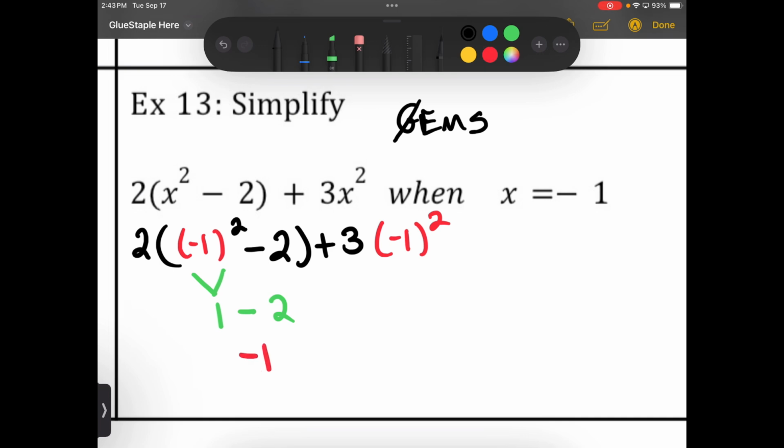So I'm going to bring down my 2 times -1 plus 3. And now I have to take care of this exponent over there. What is -1 squared again? Positive 1. So I'm going to bring this down here, times 1.